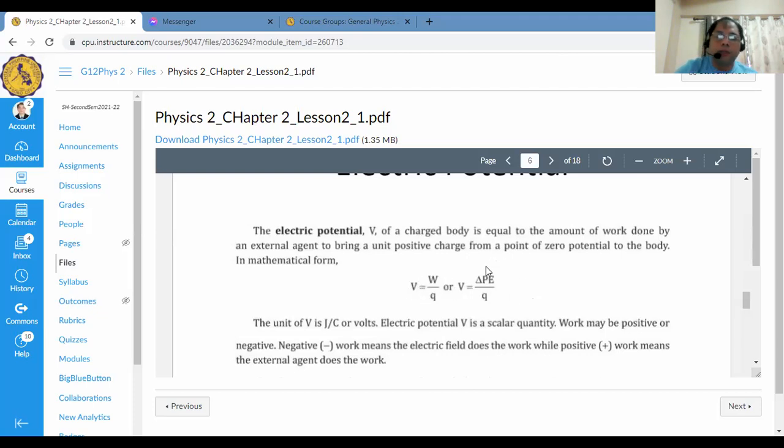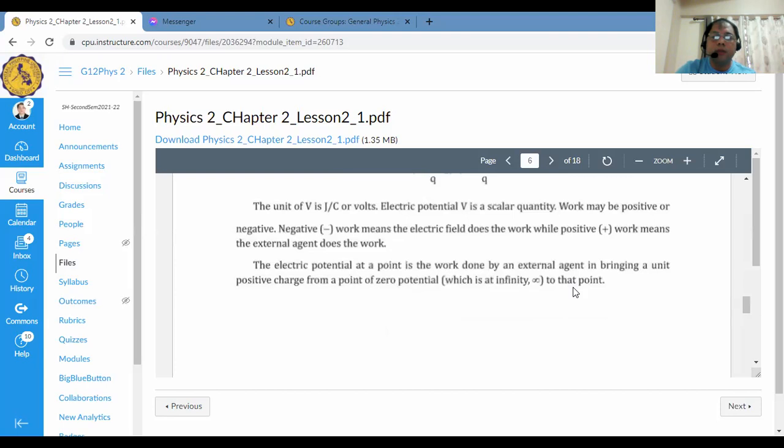So we can also write in equivalence work and potential energy. So again, the negative charge will always go towards a positive charge.